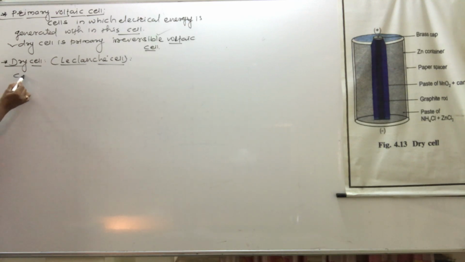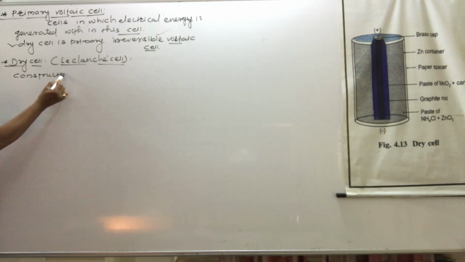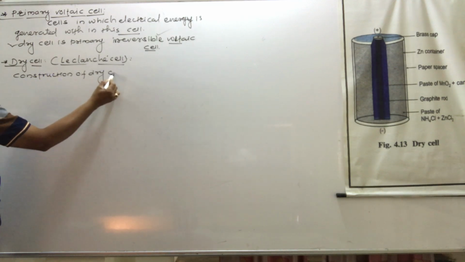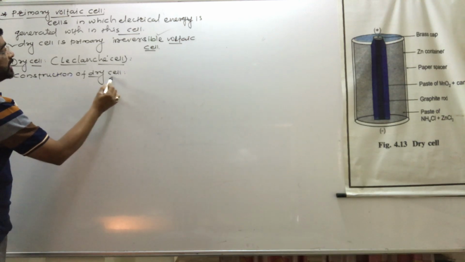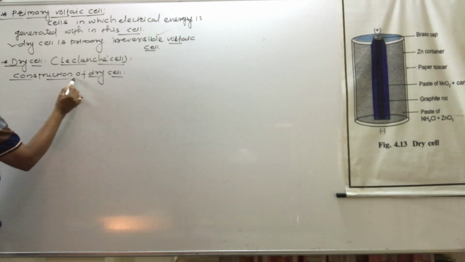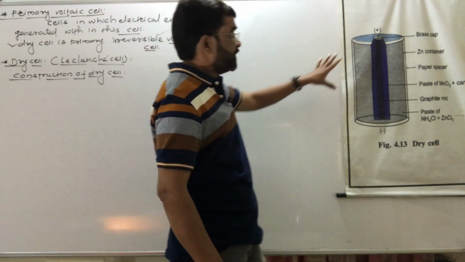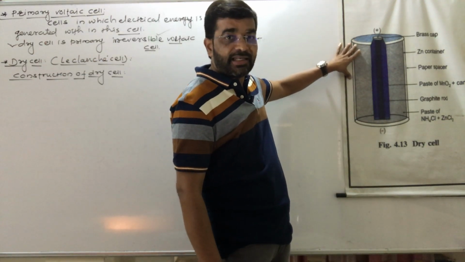Now we have to study the construction of the dry cell. After that we will study the working of the dry cell, how it works. So you see, this is nothing but the dry cell.